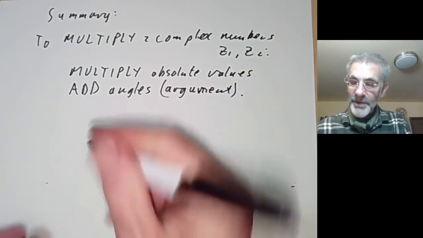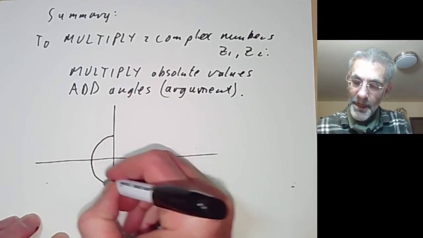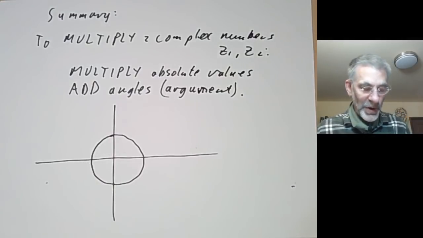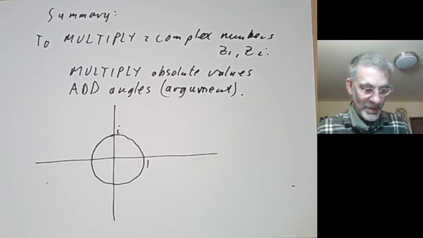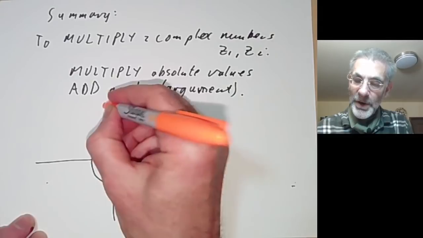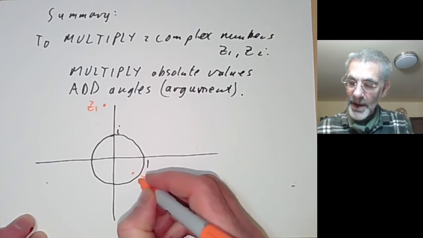So for example, let's try and multiply two complex numbers without doing any actual work. So here I'm going to just write 1 and I to orient ourselves as usual. And let's take a couple of complex numbers. So I might take z1 to be up here, and I might take z2 to be somewhere down there.